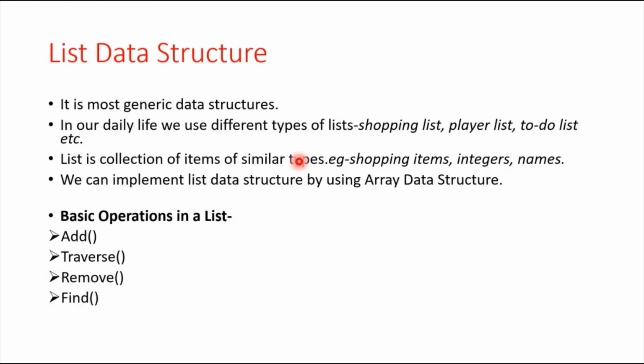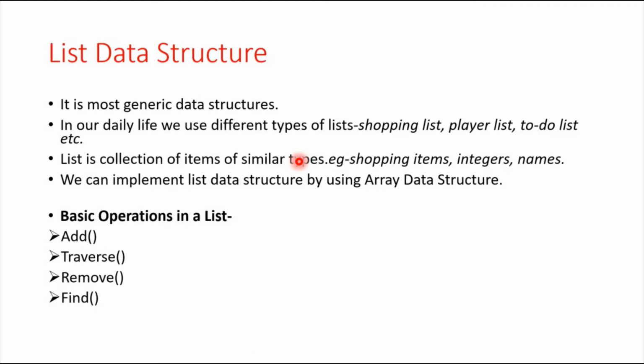Shopping list contains similar types, that is shopping items. If we talk about player list, it only contains the names of players, that is strings.